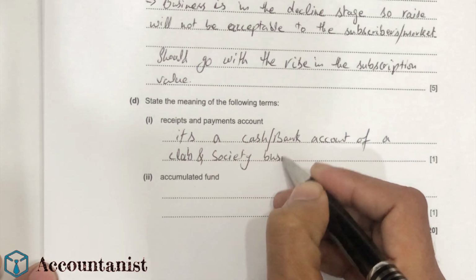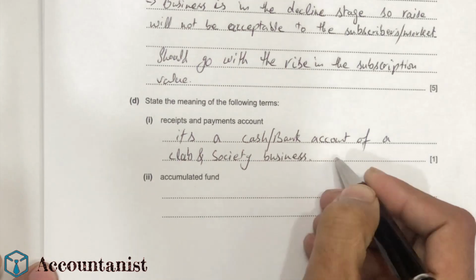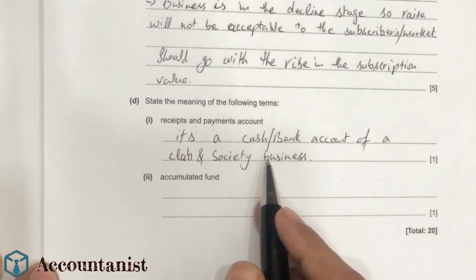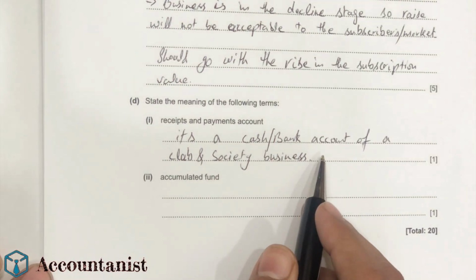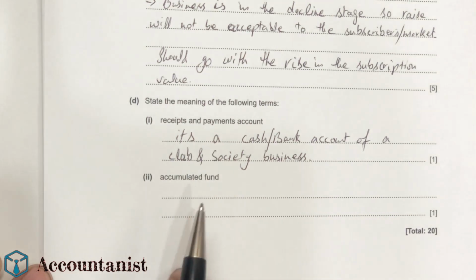In club and society business, the cash or bank account we name the receipts and payment account.